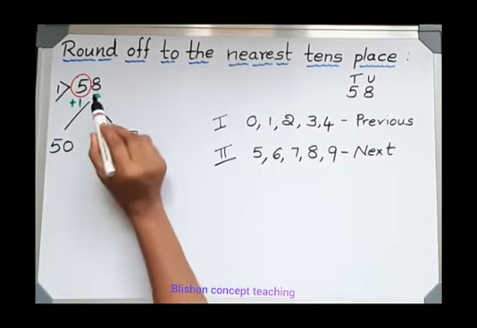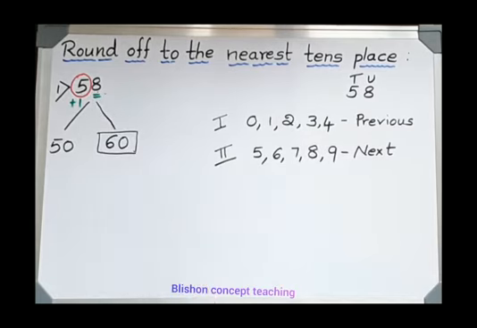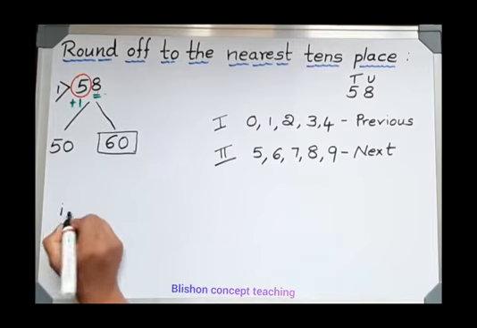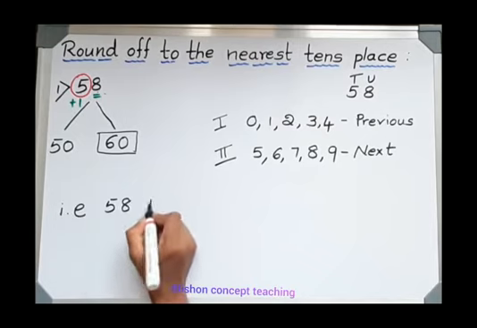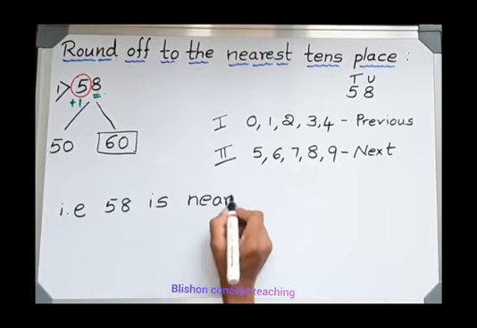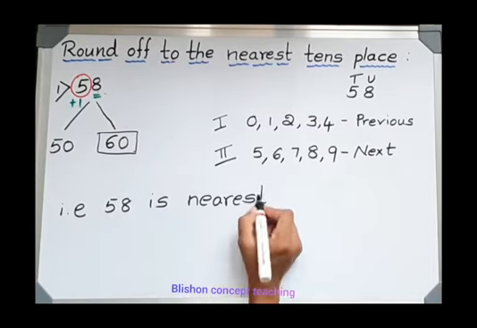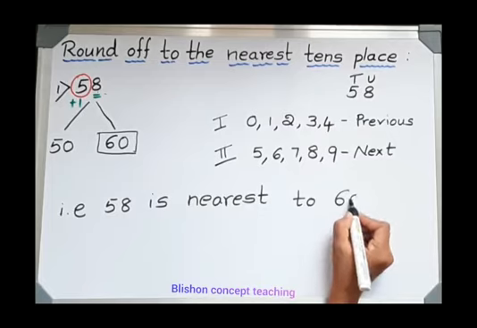But here 8 is there. I will round off for the next number, that is 60. That means 58 is nearest to 60.